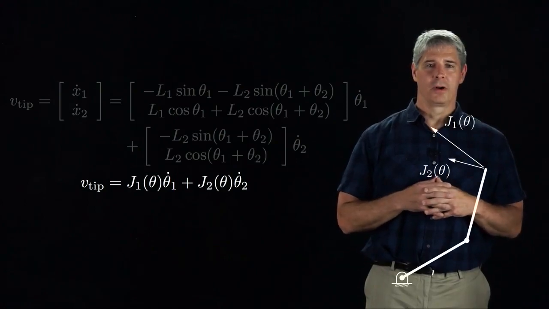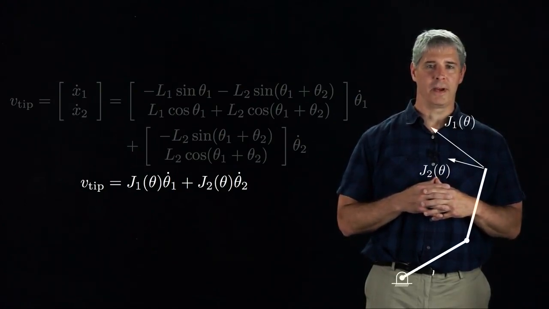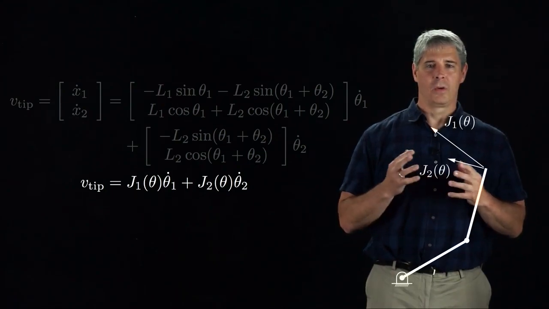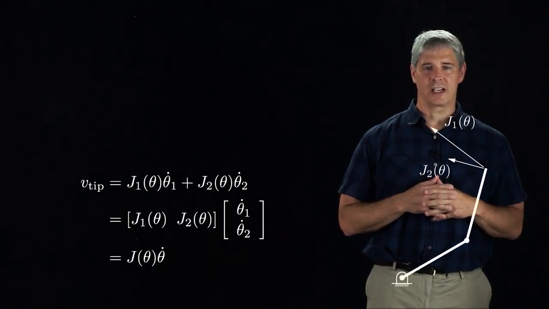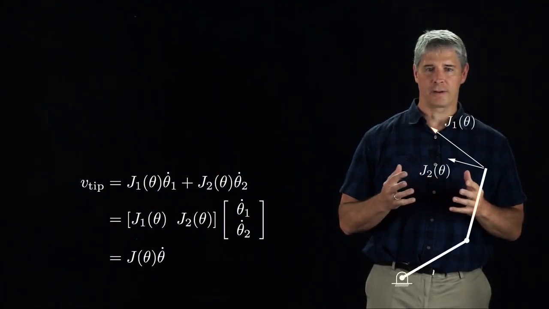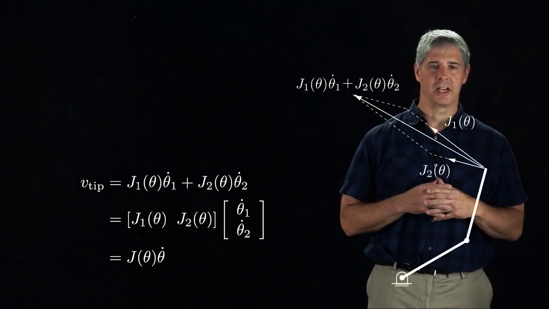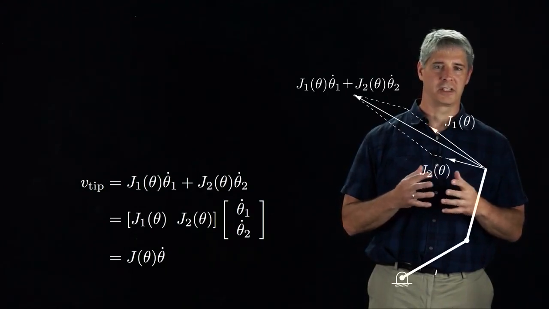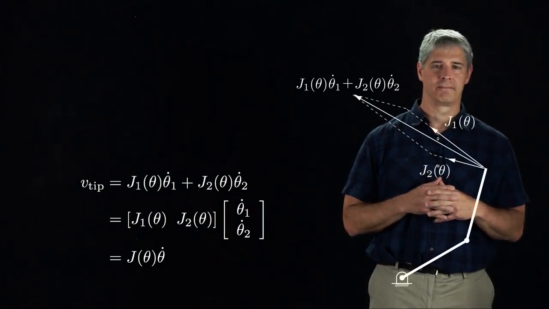Plotting them both, we see that J1 and J2 form a basis for the space of linear velocities of the end-effector. We can put the J1 and J2 vectors side by side to form the Jacobian matrix J. The end-effector velocity is just a linear combination of J1 and J2 with coefficients equal to the joint velocities.